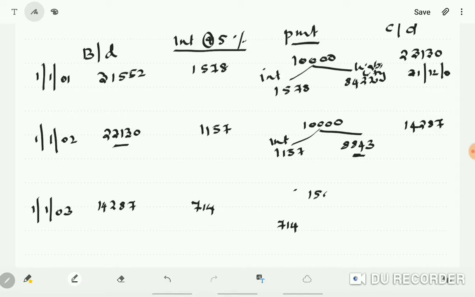The lessee will be paying 15,000, so 15,000 minus 714 comes to 14,286. I'll round it off to 287 and change the interest to 713. So finally it is 0.